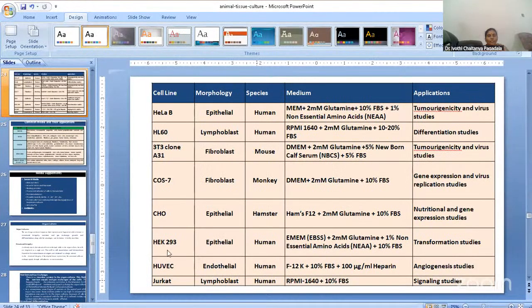Hope now you can see my screen. Yes, because I am getting that my screen is sharing.